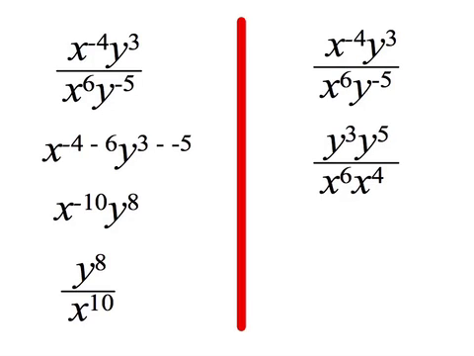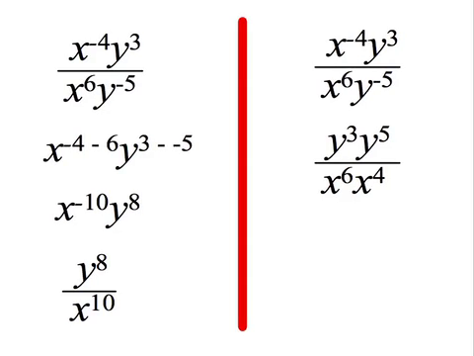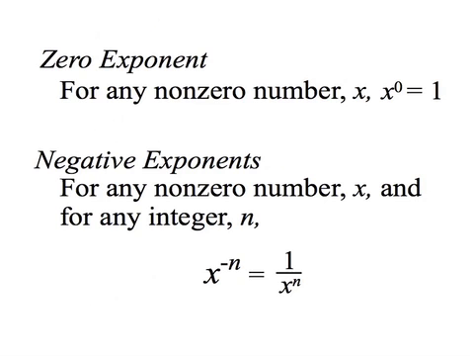So now we have y to the third times y to the fifth in the numerator, x to the sixth times x to the fourth in the denominator. We apply the product of two powers with equal bases, which allows us to add the exponents for y in the numerator as well as the exponents for x in the denominator to get y to the 8th over x to the 10th. The same simplified answer we got the first way we did this one, so we're happy.